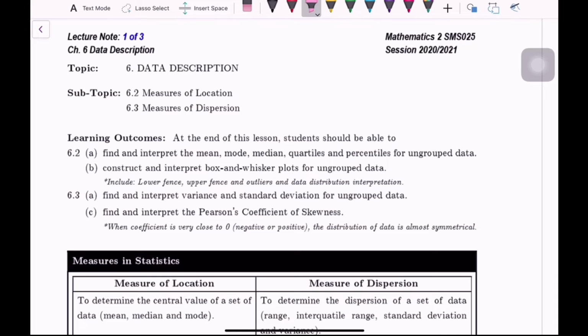Subtopic 6.2 Measures of location. 6.3 Measures of dispersion. Learning outcomes.